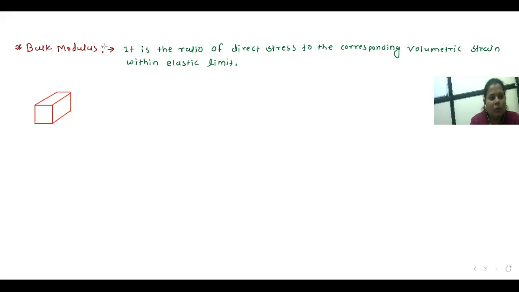Suppose this is a cube. On that cube, we will apply a number of forces. Suppose here P is applied, here also P is applied, here also P is applied. So the same amount of pressure will be applied on each plane, and the area of each plane is also the same. The dimension of this cube is, suppose this is A, this is also A, and this is also A.